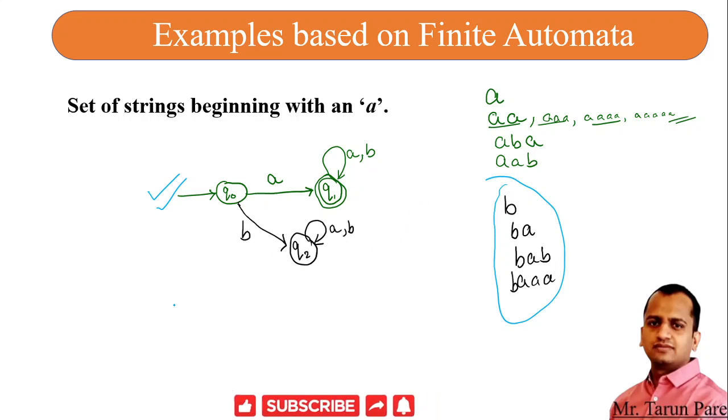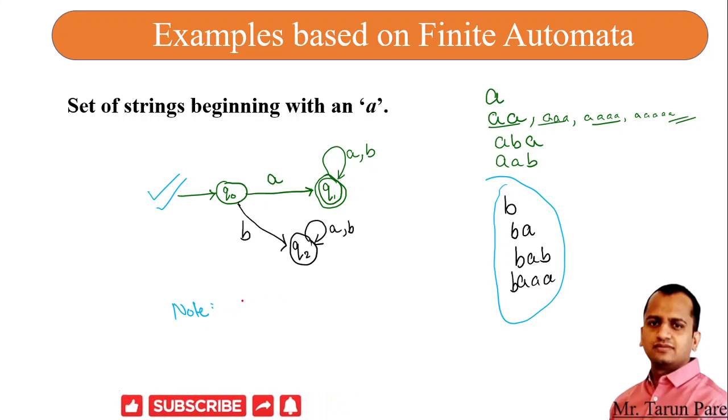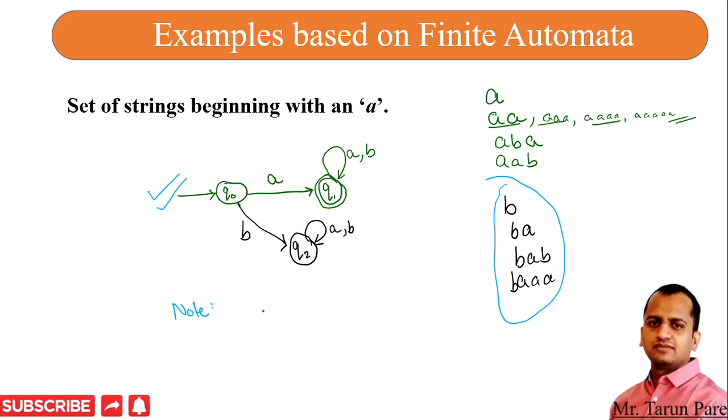So note one thing: the quality of a good automata is that along with handling the input, it can handle the input symbols or sequences of strings which are not accepted by the automata.